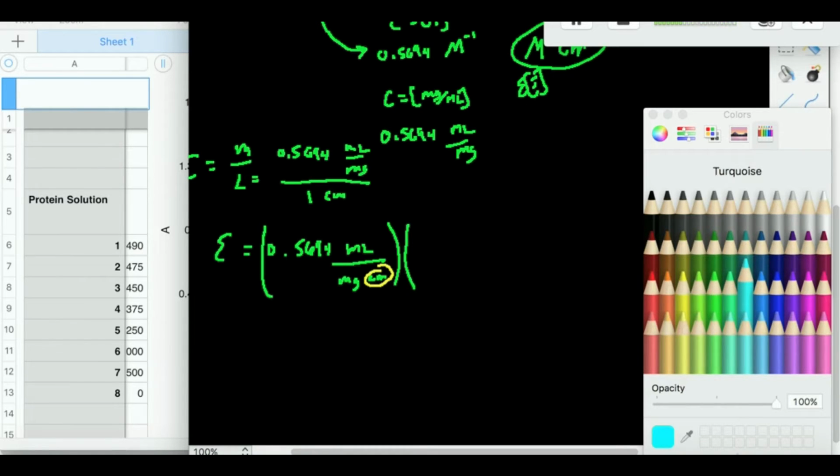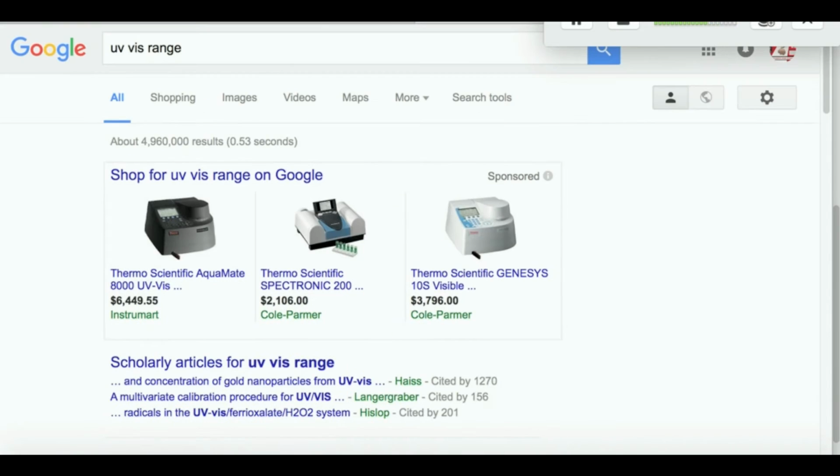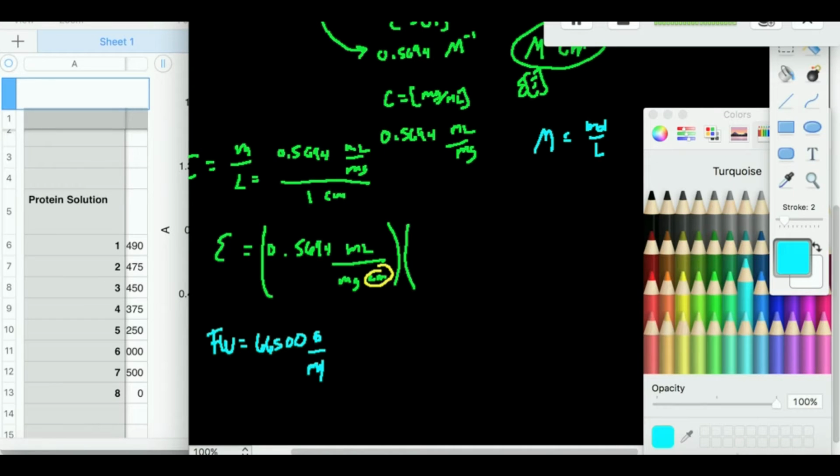Now what is molar? A molar is moles per liter. So I need to convert the milliliters to liters, and then I need to convert the milligrams to moles. To do that, I'm going to need the formula weight of bovine serum albumin. I went ahead and looked this up for you to avoid wasting time.